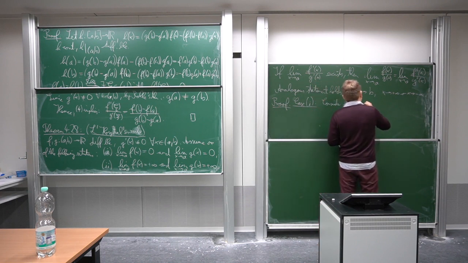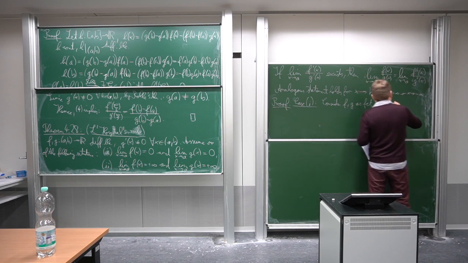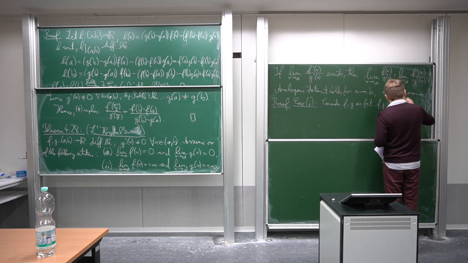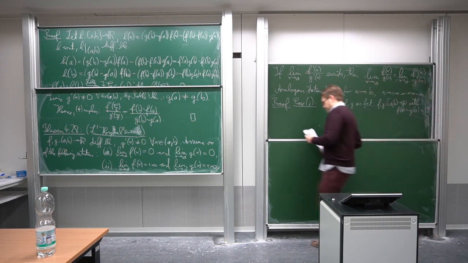So we consider them as functions f, g from [a, b) to R, where they take the value 0, with f(a) equal to g(a) equal to 0. So, just simplifying.